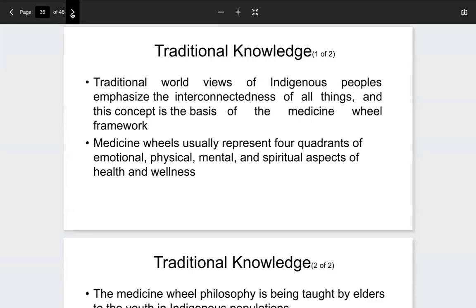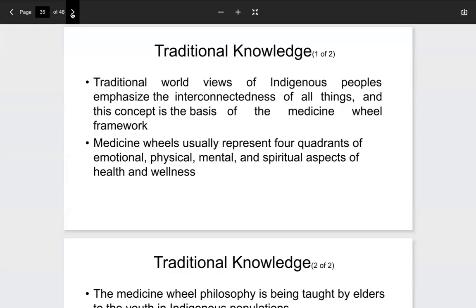A lot of the healthcare systems here, in North America in general, are based on Western Eurocentric values and beliefs, and oftentimes we don't incorporate a holistic perspective. Even in nursing, we try to be holistic, but the system in itself is built on Eurocentric values. So we don't sometimes realize that the holistic approach is missing.